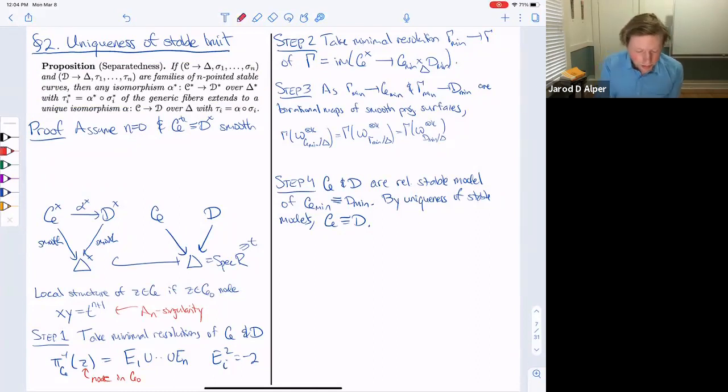And so we're in the situation where we're given stable families C and D over a DVR that restrict to isomorphic curves over the generic fiber. We have an isomorphism alpha star of the generic fibers, and our goal is to try to extend that isomorphism.